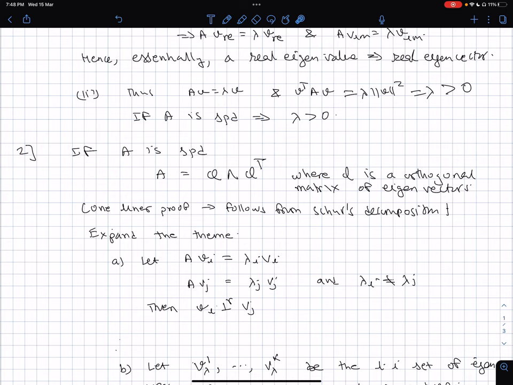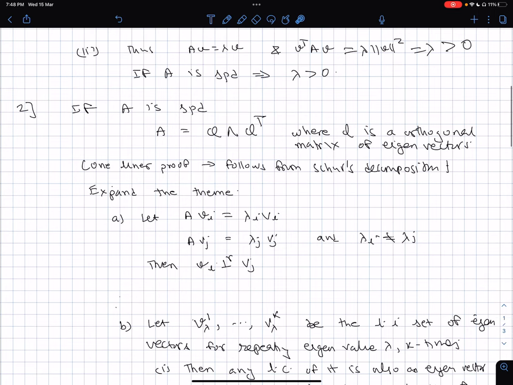If one knows Kerr's decomposition, which says that a symmetric matrix can be represented in this form, where this is the diagonal matrix of eigenvalues and Q is the orthogonal matrix of eigenvectors, then we have already proved that lambda is greater than 0, and this becomes a one-line proof from Kerr's decomposition. But since we have not done Kerr's decomposition, I will expand the theme a bit. It's essentially still Kerr's decomposition only.